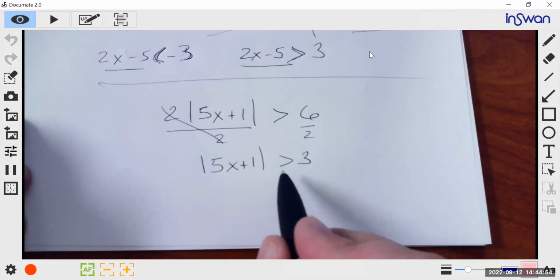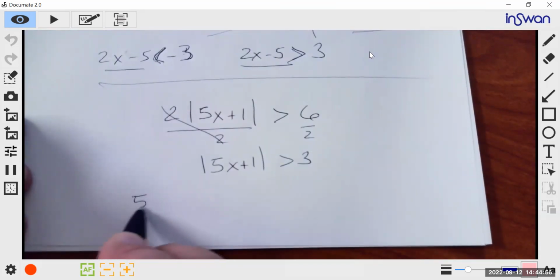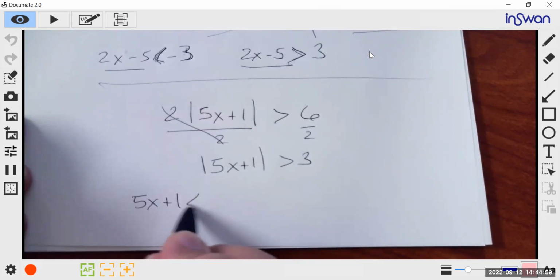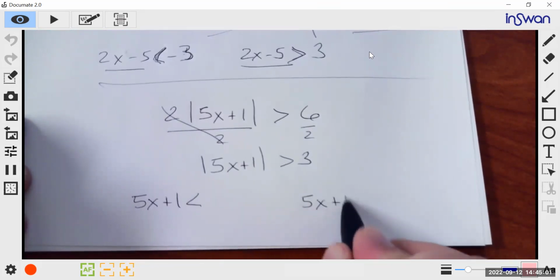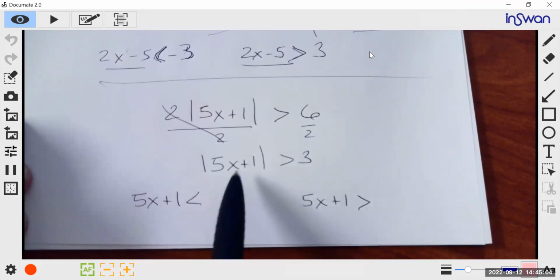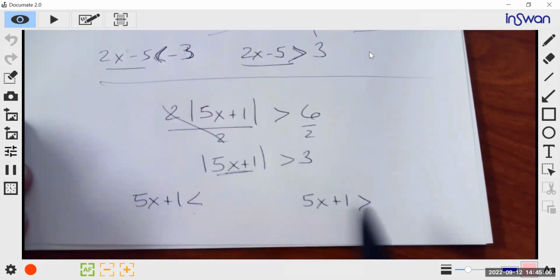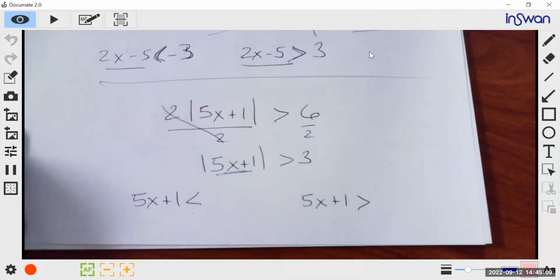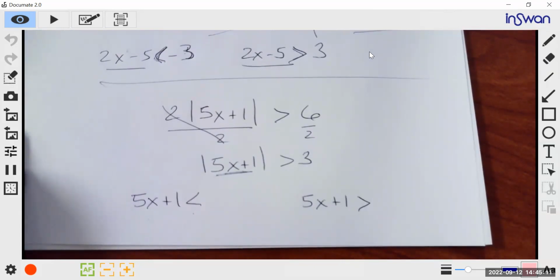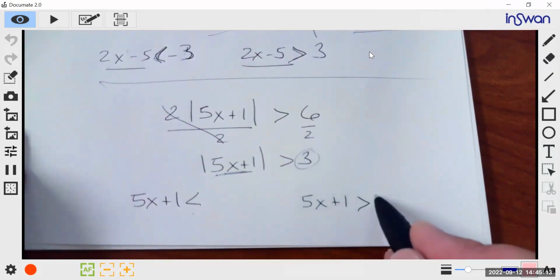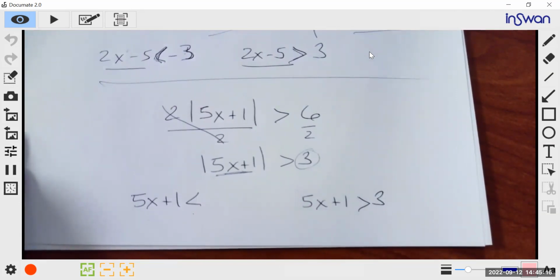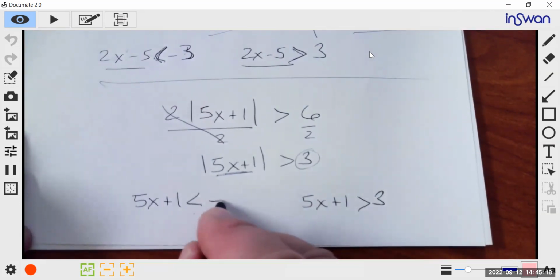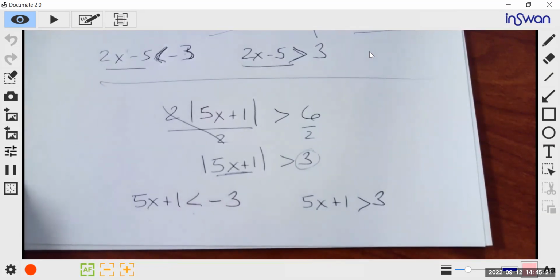Since it's greater than, I'll have whatever's inside here less than, whatever's inside here greater than. The greater than is already that value. The opposite direction, I have to change the sign. And that's all there is to it. And then work it out. And that's just mechanics from there on out.